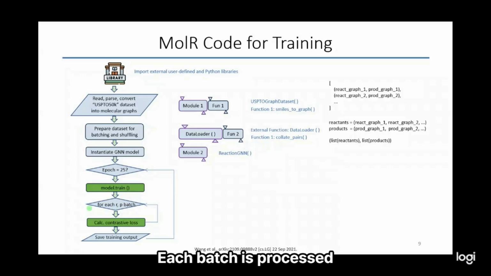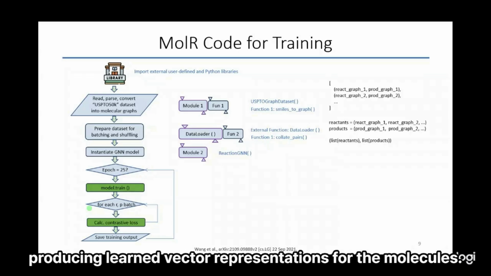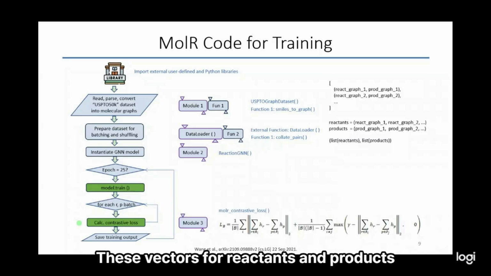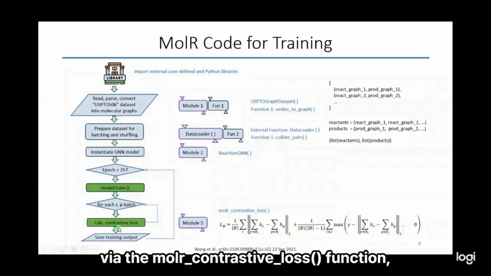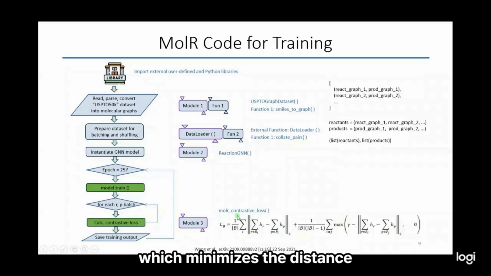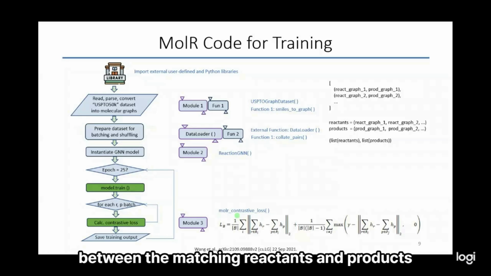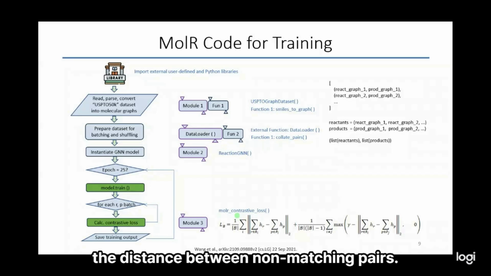Each batch is processed by the graph neural network, producing learned vector representations for the molecules. These vectors for reactants and products are used to compute the contrastive loss via the mol_contrastive_loss function, which minimizes the distance between the matching reactants and products while maximizing the distance between non-matching pairs.